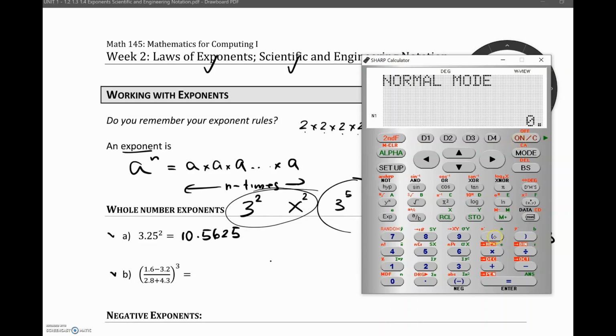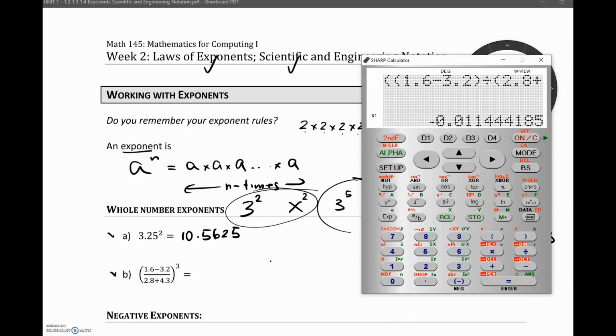So let us enter. Open bracket once, open bracket again, then we're going to have 1.6 minus 3.2. Now that's the numerator, so we close the bracket, then we do our divide by, then we open bracket again for the denominator, then we enter 2.8 plus 4.3, then we have to close brackets twice, then we want to raise that to the exponent 3, so we go y to the x, then 3, then enter, and see we're getting negative 0.011448185.